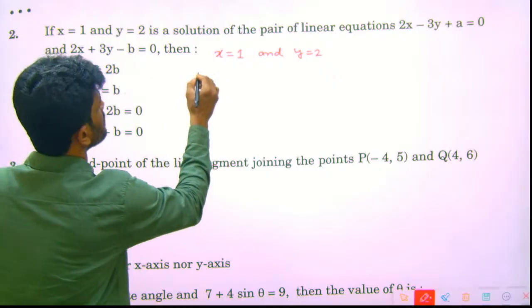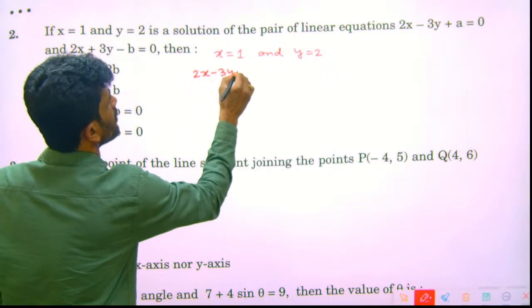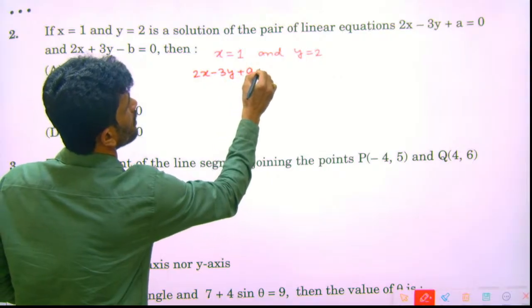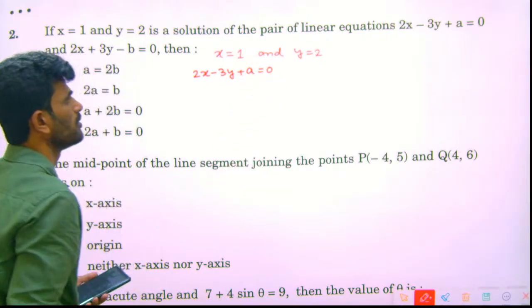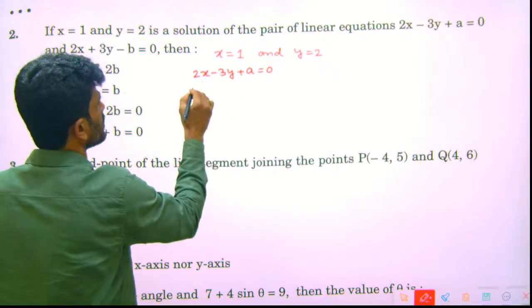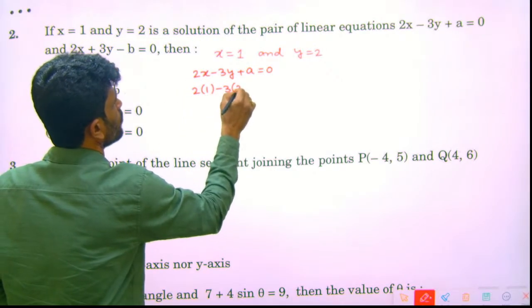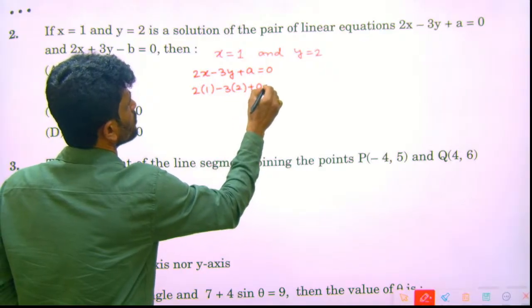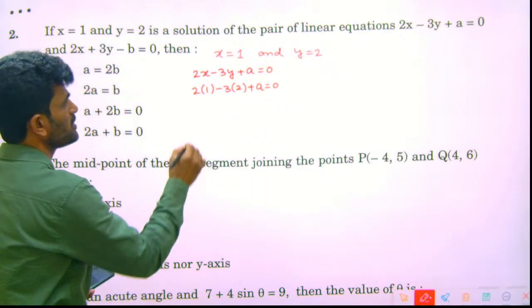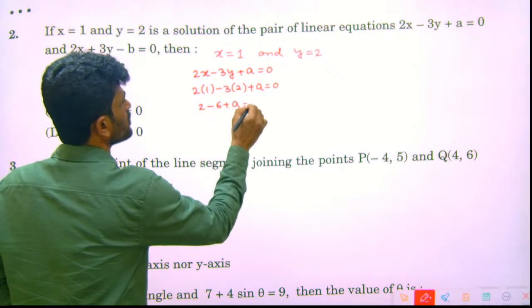First equation is 2x minus 3y plus a is equal to 0. Now what we have to do, we have to substitute x and y in this because it is the solution. 2 into 1 minus 3 into 2 plus a is equal to 0. What happens? 2 minus 6 plus a is equal to 0.